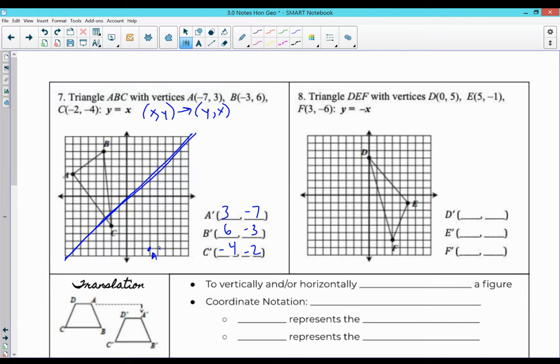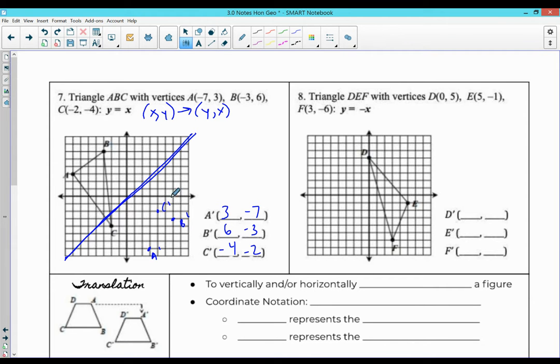All right, A prime. (6, negative 3), B prime. (Negative 4, negative 2). Something not adding up for you?